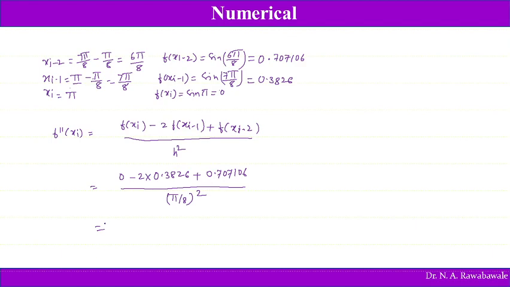0.707106 minus 2 into 0.3826 divided by h square.